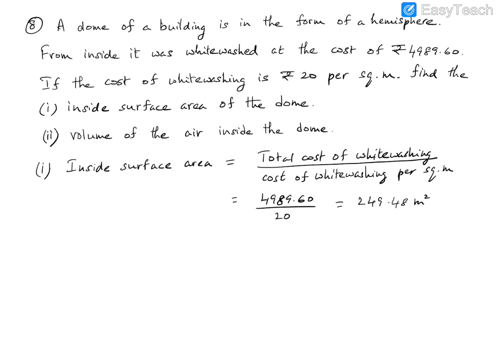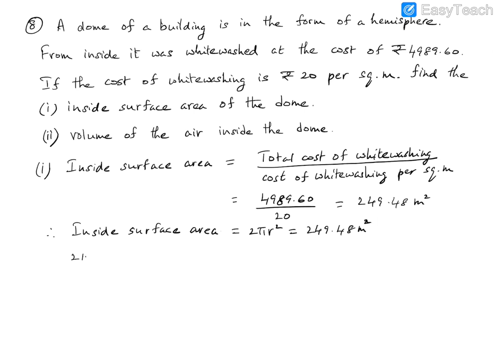So we can write inside surface area, which is given as 2 pi r square, is equal to 249.48 meters square. From this we will be able to calculate the value of r.